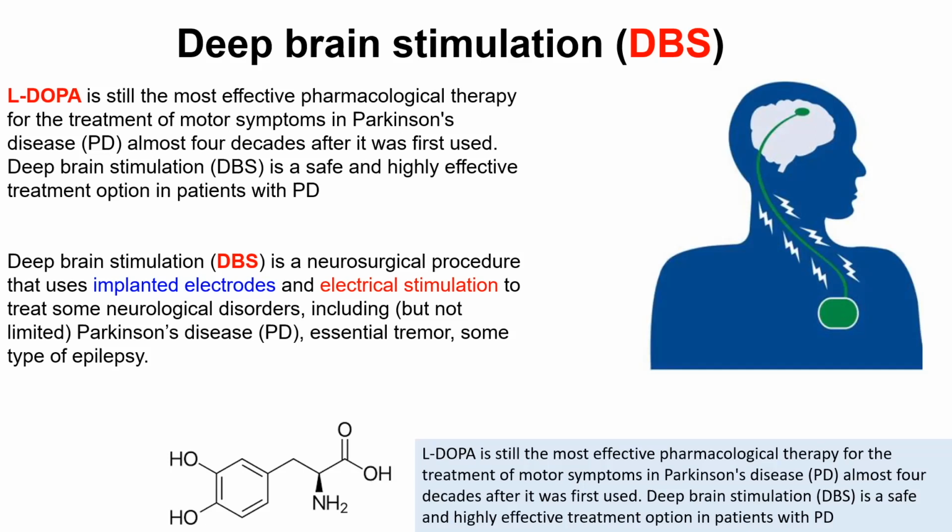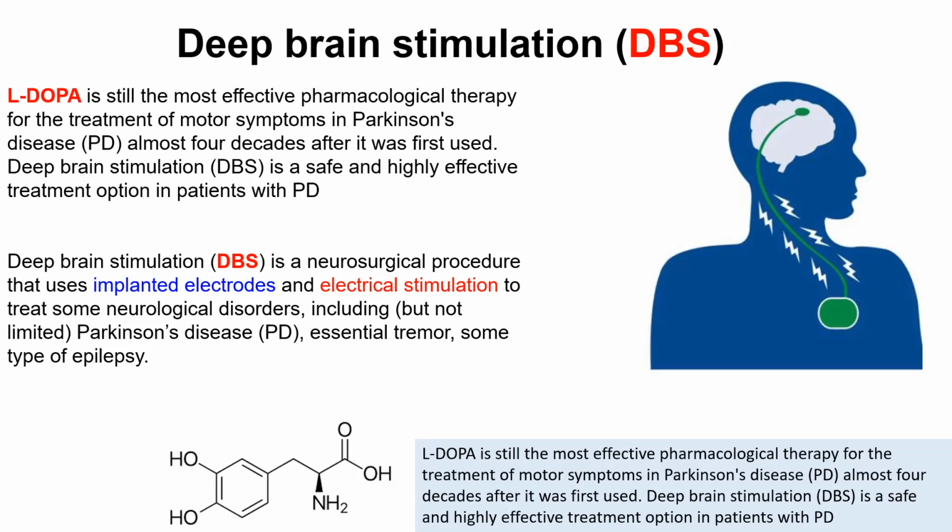But unfortunately, L-DOPA has not only advantages but also disadvantages. It has side effects like nausea, some hallucination, and some other problems. And even more important, the effectiveness of L-DOPA slowly gets worse and worse, and finally it stops suppressing symptoms of Parkinson's disease.